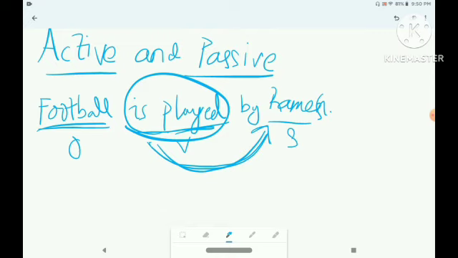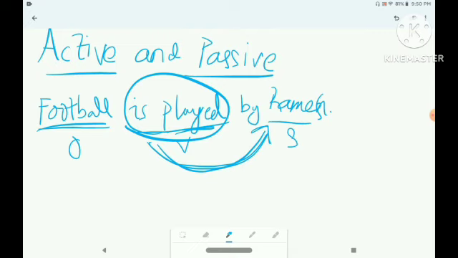Another trick, now I will say the trick by which you can know whether a sentence is in active voice or in passive voice. When the sentence is in active voice, it will always be in normal type, like Ramesh played football. It is normal.